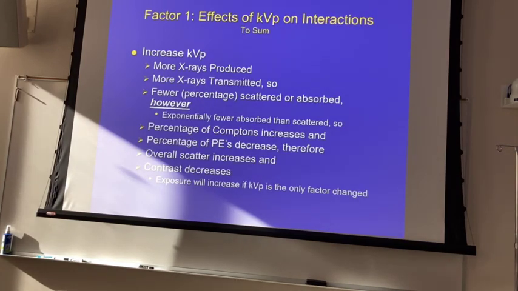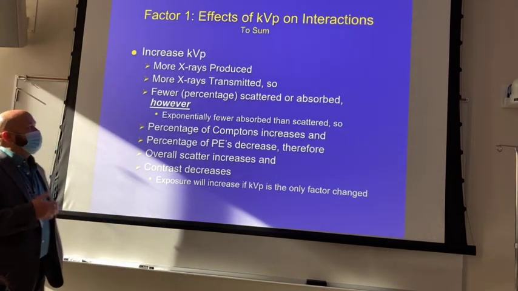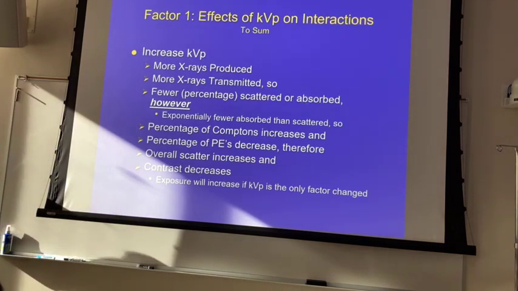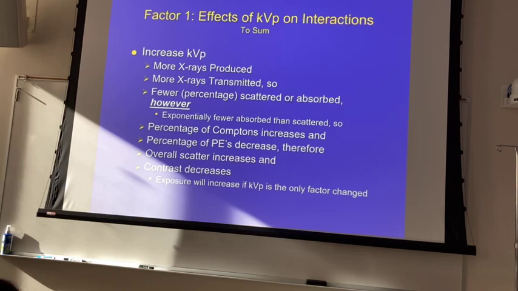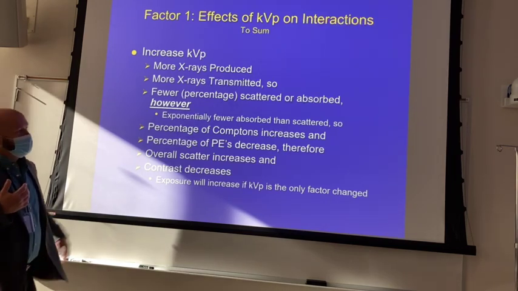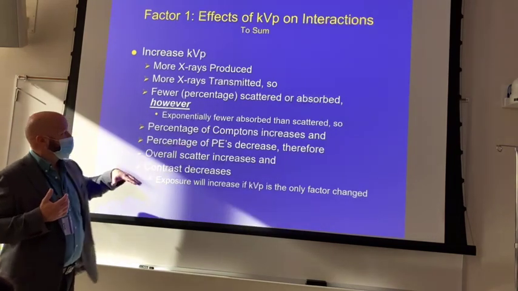So just to sum up, when you increase kVp, you produce more X-rays, you transmit more X-rays, and a lower percentage are absorbed within the patient, right? So what you get is a higher percentage of Comptons.